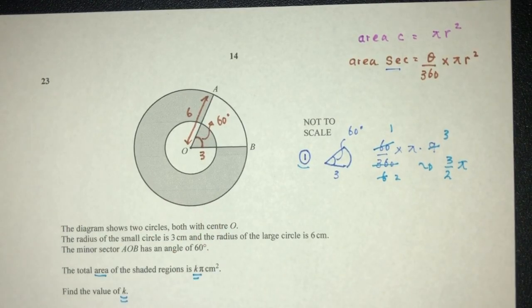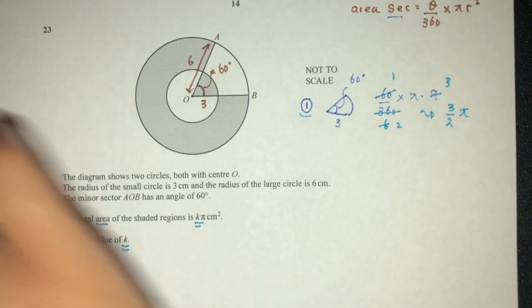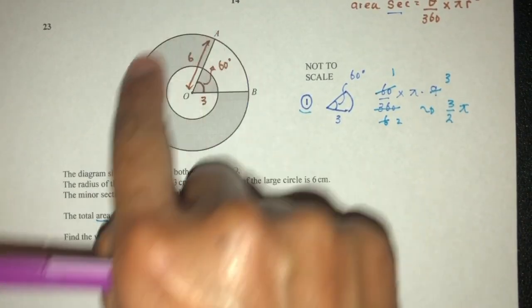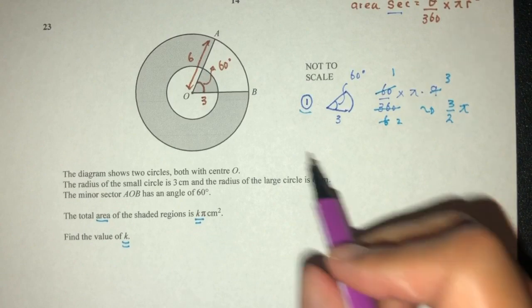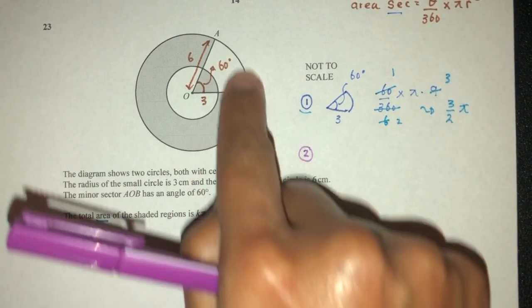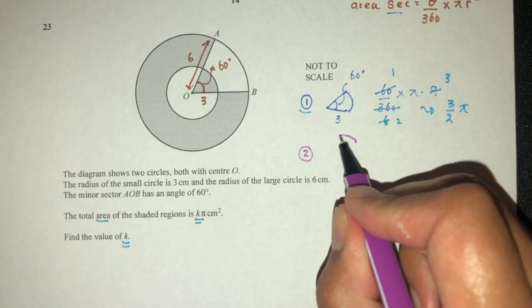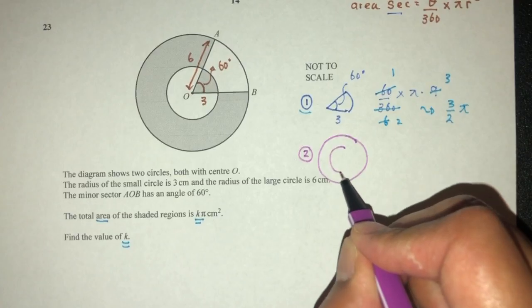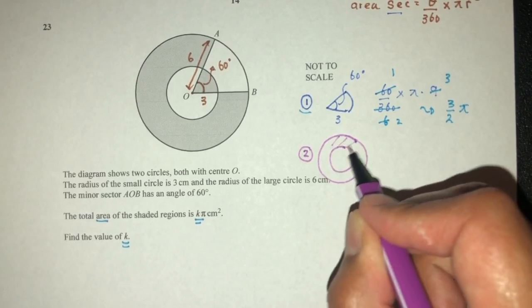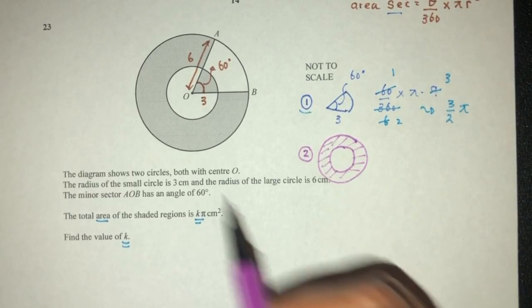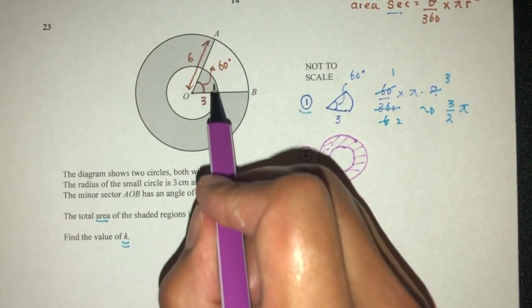Okay, now we can find the area, part 2. We can find the area of this ring, right? So how would you find the area of the ring? By observation, to find the area of this whole ring, we can take the area of the whole circle minus the circle inside.